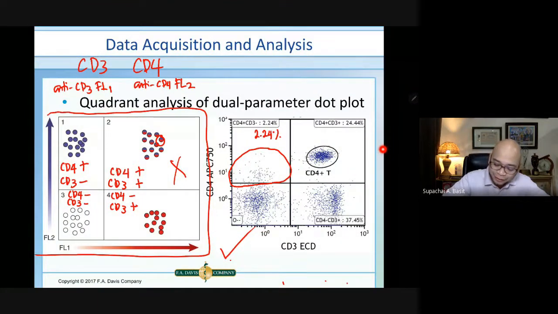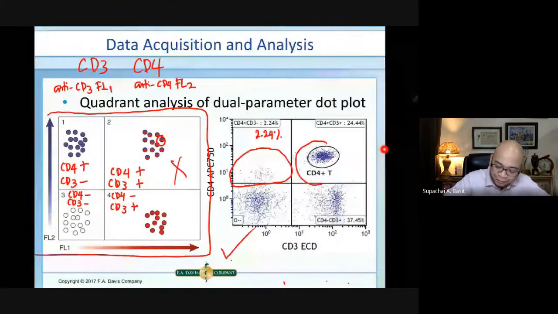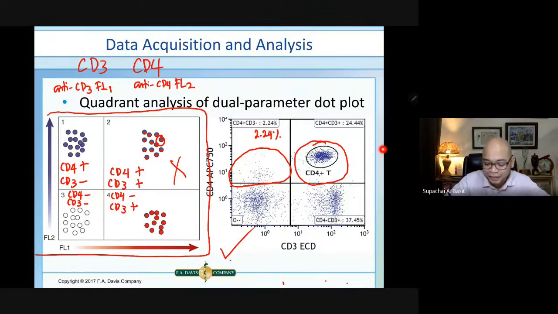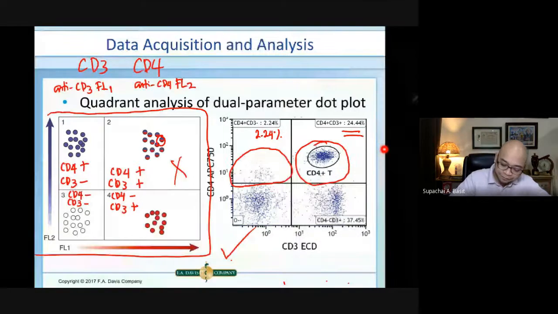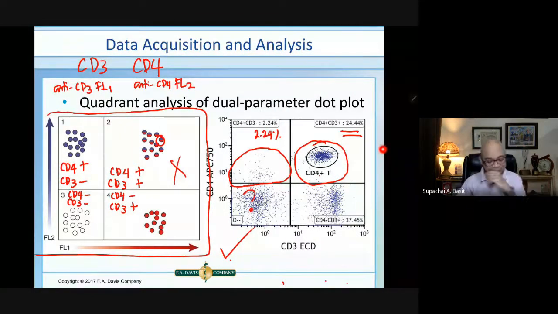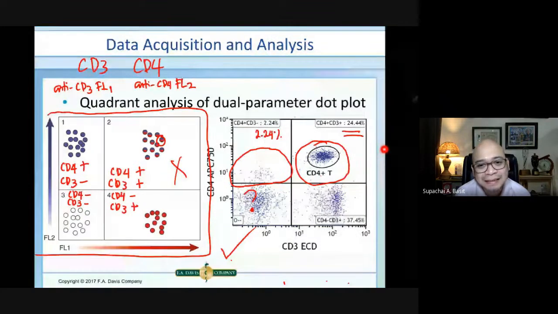See? Now, this one is CD4 positive plus other lymphocytes. And this accounts for 24.4%. Okay? These cells are the unidentified cells because they are neither CD4 nor CD3. So this one is unidentified cells.